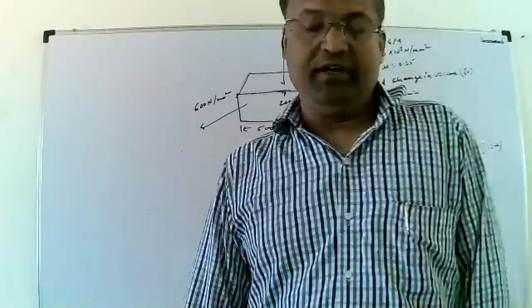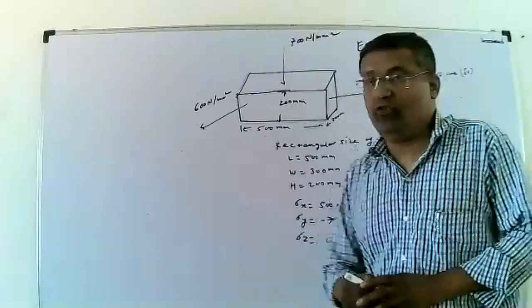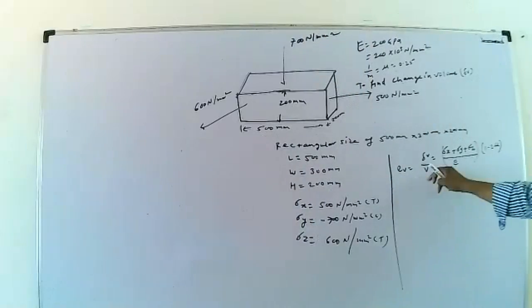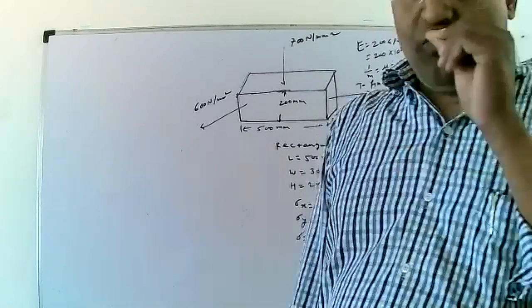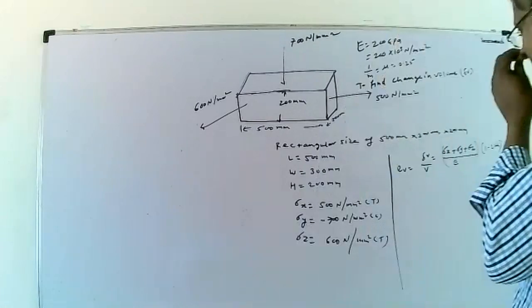Okay, this is a very simple way to find out volumetric strain: Ev equals delta V upon V, change in volume to original volume, equal to sigma x plus sigma y plus sigma z upon E into 1 minus 2 mu.